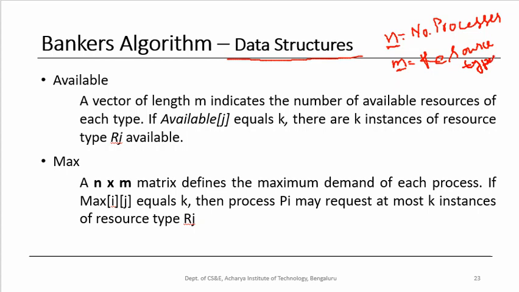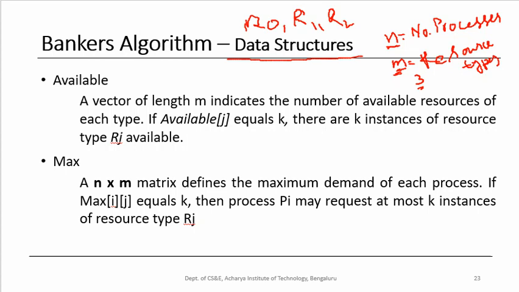Now, if you have in the system resources of type R0, R1 and R2, what will be the value of m? m will be equal to 3, because there are 3 types of resources in the system.